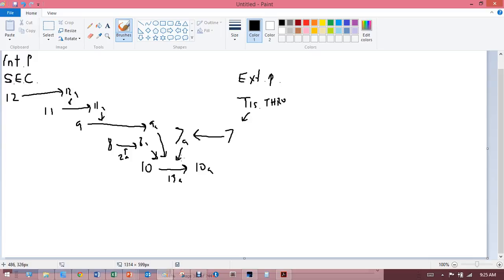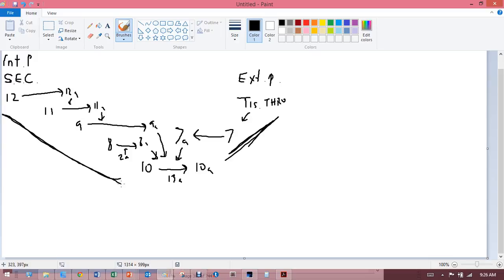Now, the 10 activated doesn't stop here. Now we're working on the common pathway with 10 and 10 activated. So this is the common pathway. This was the extrinsic. This was the intrinsic. Now this down here, starting with 10, 10A, is the common.